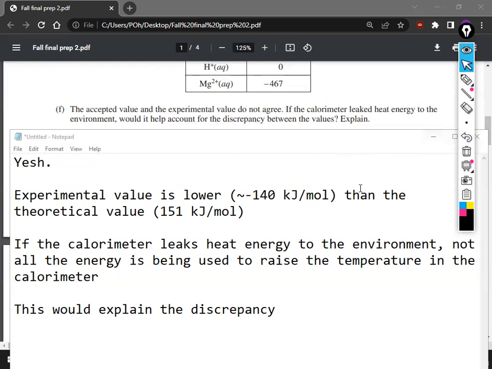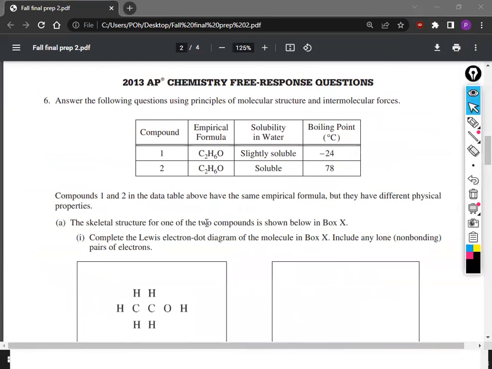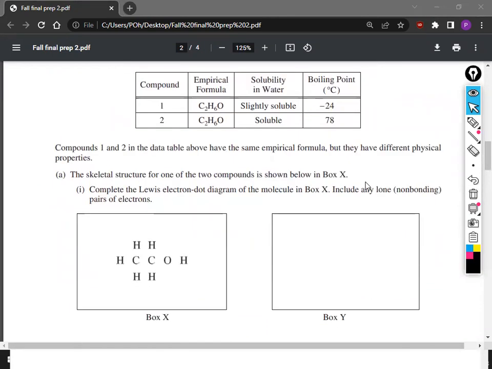Alrighty, let us move on to this one right here. Okay, we are looking at intermolecular forces and molecular structure.